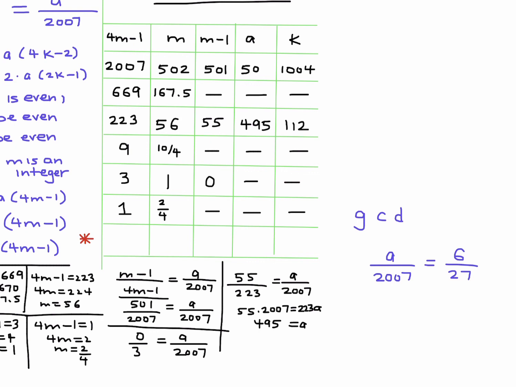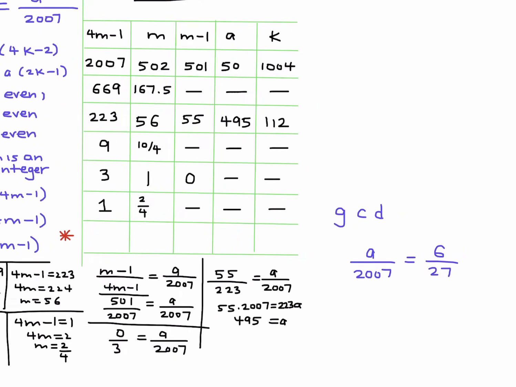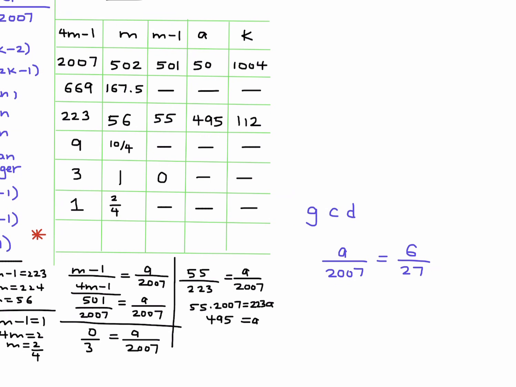And if 6 over 27 is equal to m minus 1 over 4m minus 1, then that means that 4m minus 1 is equal to 27. So 4m is equal to 28, and therefore m is equal to 7 here.